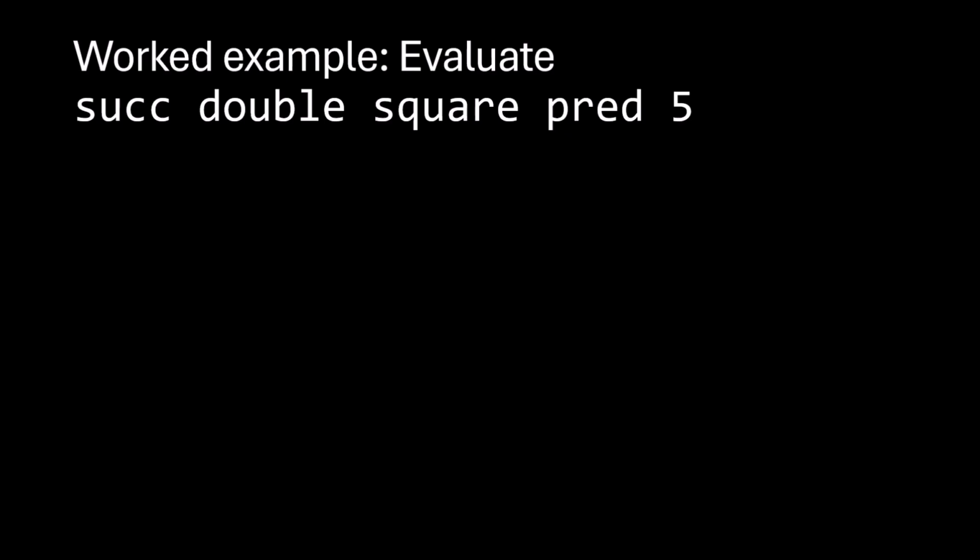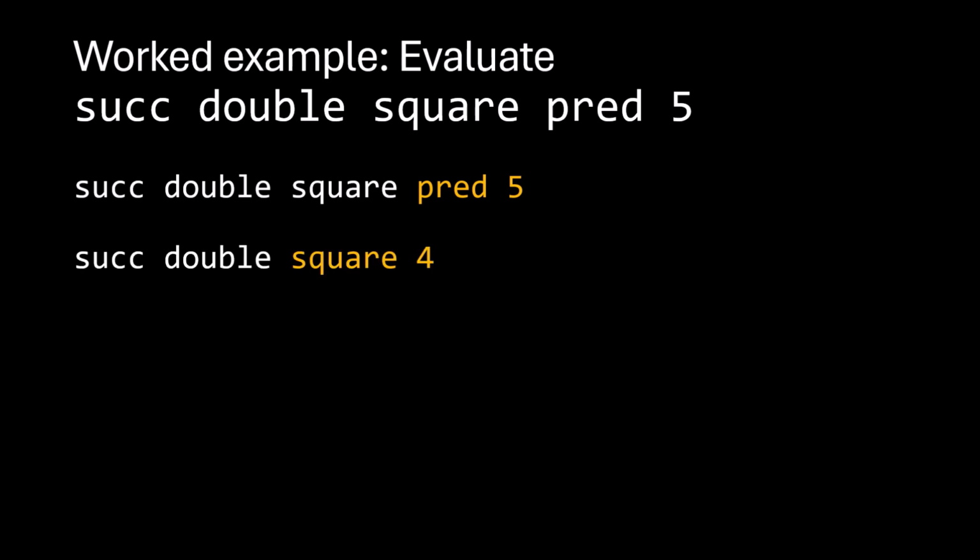I'm going to do a worked example evaluating the expression stated here. The first thing we do, starting on the right hand side, is evaluate the rightmost function first. That's the pred. So we do pred 5, the preceding value of 5, which gives us 4.